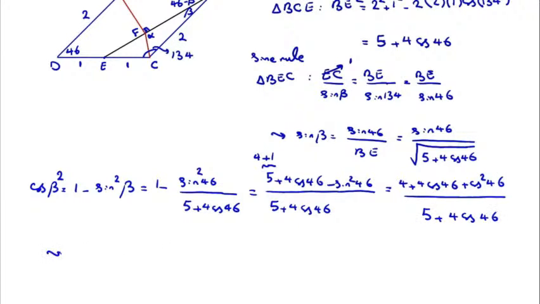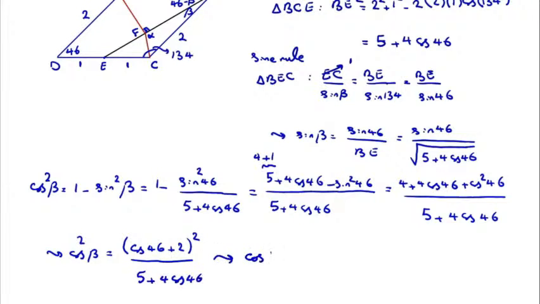Now we conclude cos squared of beta equals cos 46 plus 2 squared all over 5 plus 4 cos 46. So cos beta is cos 46 plus 2 all over the square root of 5 plus 4 cos 46.